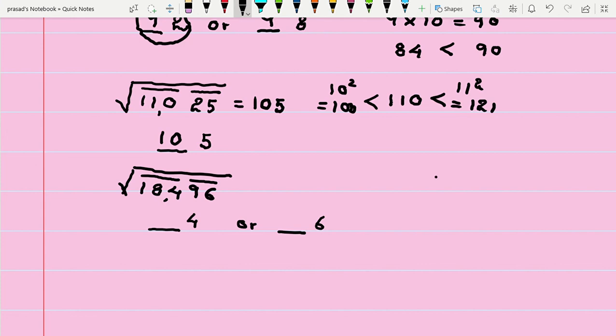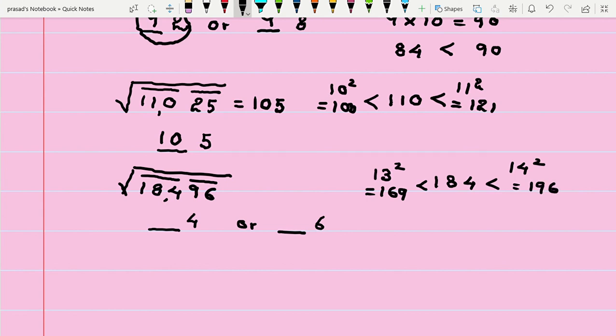Now 184 lies between which two perfect squares? On one side it is 13 square, that is 169. 169 is less than 184, and on the other side it is 14 square, which is 196.